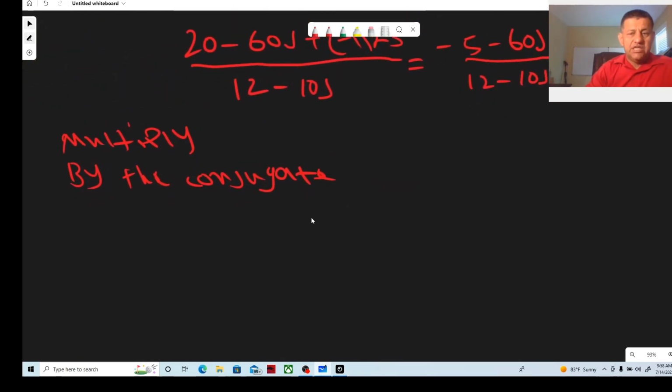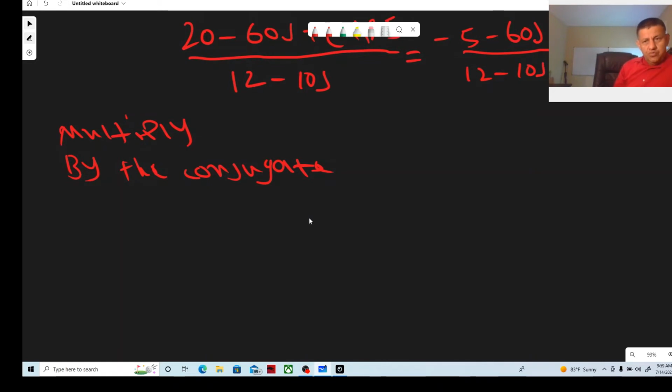And what is the conjugate in this case? The conjugate means that I will multiply by whatever opposite sign is in the bottom, right? Top and bottom multiply by the opposite. So in this case, it's going to be negative 5 minus 60j, right? And then multiply top and bottom by whatever. See, this is a negative, so I need to change that to a positive.